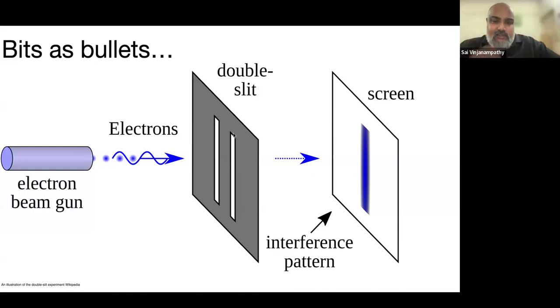So for reasons that I will show you in another slide, people set up what's called the double slit experiment. Let's imagine that there are two slits, and I shoot these electrons from an electron gun. If they are bullets, they either pick the left slit or the right slit, and they travel through and hit the screen somewhere. And so I expect to see two little bumps, one behind the left slit and one behind the right slit. What do I actually see?